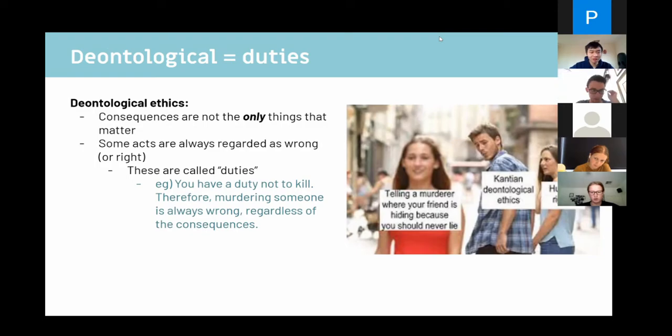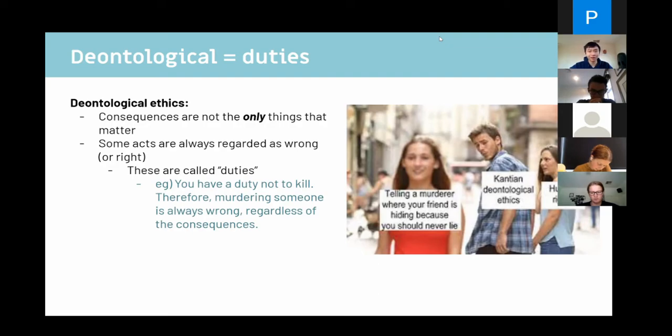So yes, deontological is basically you act by your duties. You have these rules that you should never disobey. There's Kant, a philosopher, who said lying is bad, so you should never lie. He said even if a murderer is asking where your friend is hiding, you shouldn't lie because that was a rule you set.